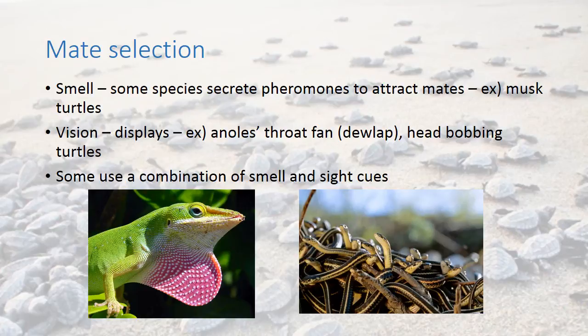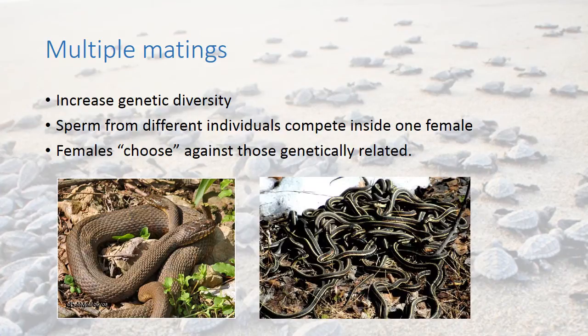Others use vision and certain displays, things like the anole's throat fan. It's also called a dewlap, and the color of that is shown in this here. That's to kind of attract mates. Some turtles do this really funny head bobbing thing to attract their mate, and a lot of them will use a combination of smell and sight cues.